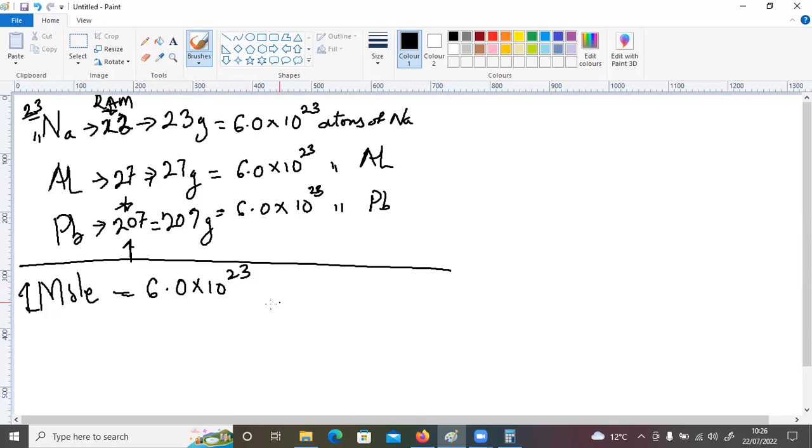And this number is called the Avogadro's constant. And the implication is that 1 mole of any substance will always contain 6.0 times 10 to the power 23 particles, right? And then what's that other implication?